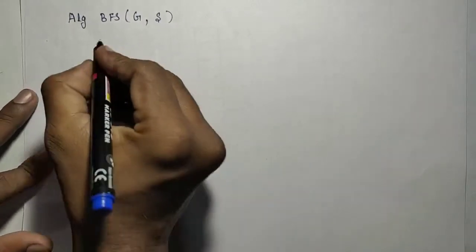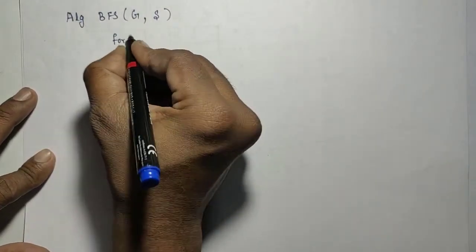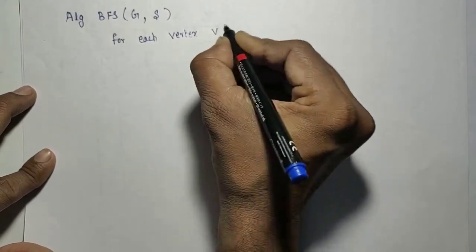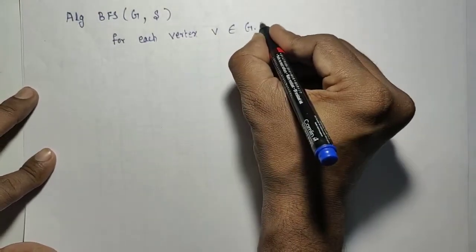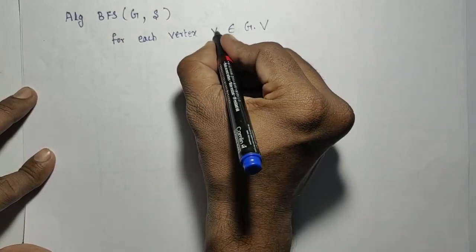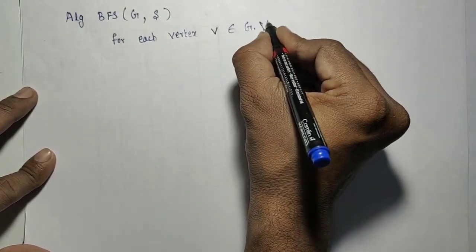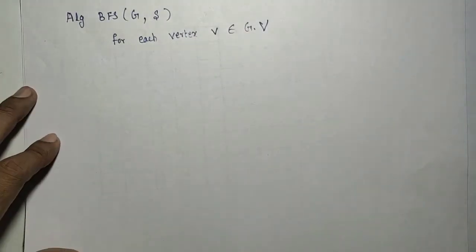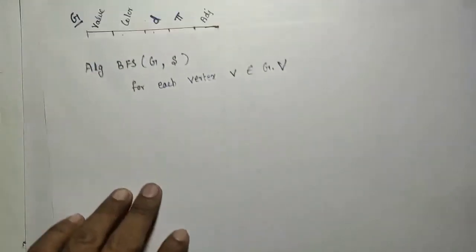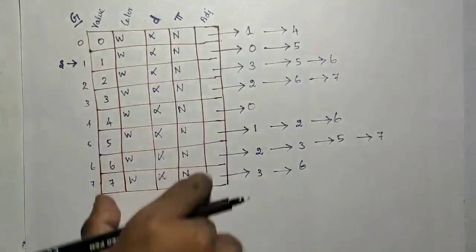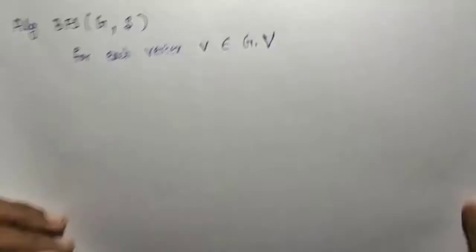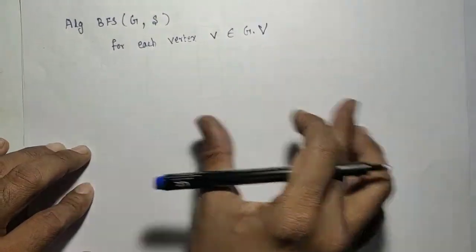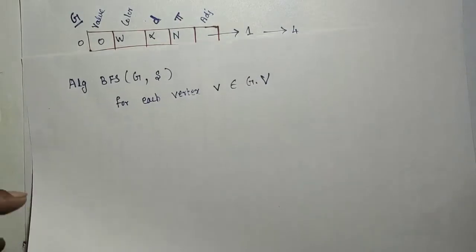For each vertex v belongs to G dot capital V. For each vertex small v belongs to the list of vertices. G dot V means we are representing all these vertices in that array representation. I need to fill these three fields: color, distance, and pi.